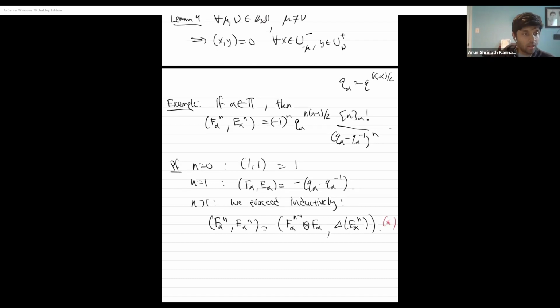Okay, so let's write down what the coproduct of e alpha to the n is. This is, of course, just by an inductive computation that we may have done in an earlier lecture. This is given by q alpha.